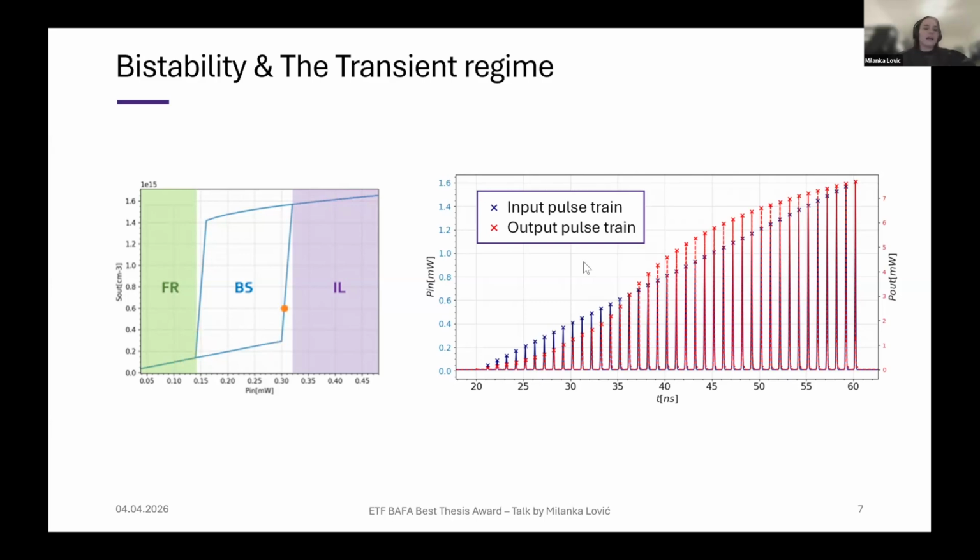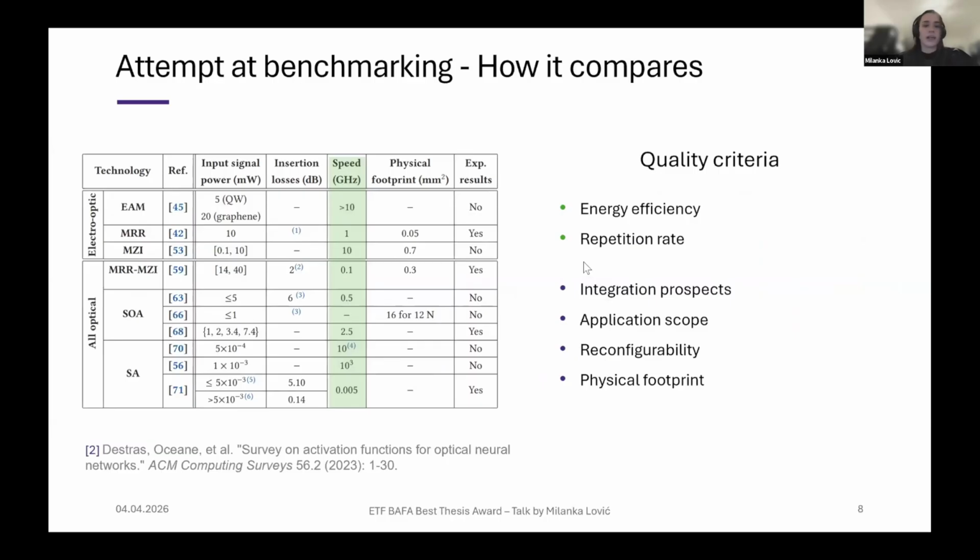Now, given some time distance from my thesis, I also wanted to give a few comments on what I included and what I excluded. I included some sparse literature overview at first. Given some time, I realized that this literature overview was very sparse, and there are many, many different methods that people have tried to implement an optical activation function.